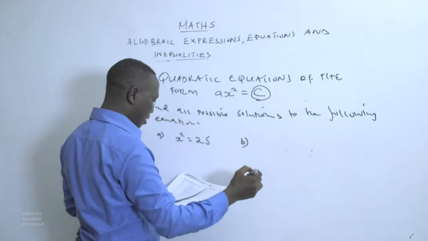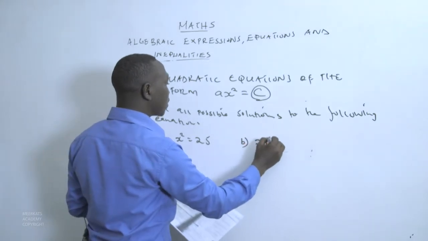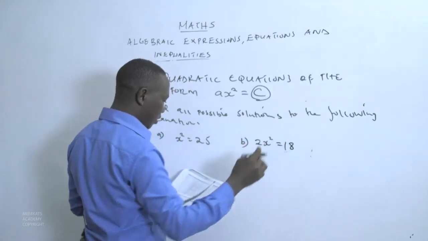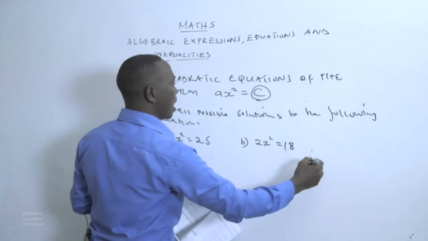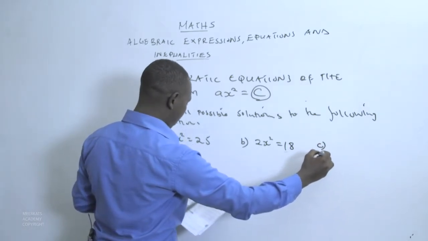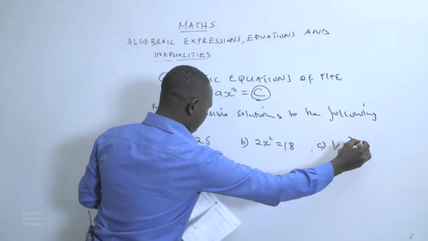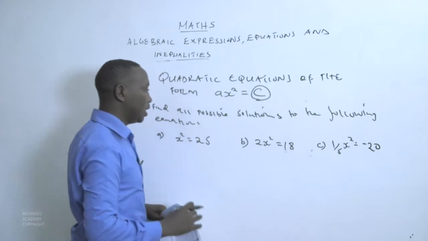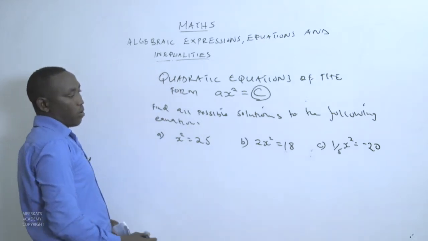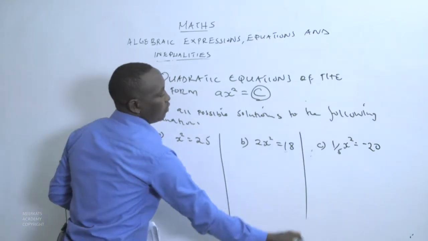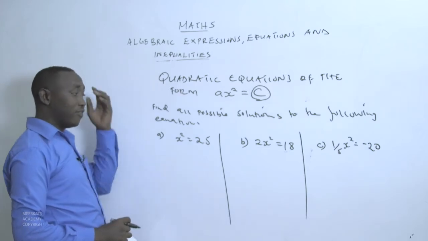B, 2x squared is equal to 18. And C, a fifth x squared is equal to minus 20. We want to solve each of these to obtain the value of x.